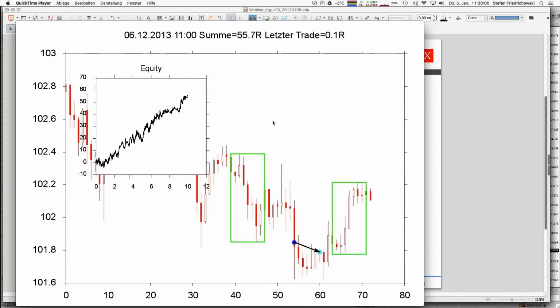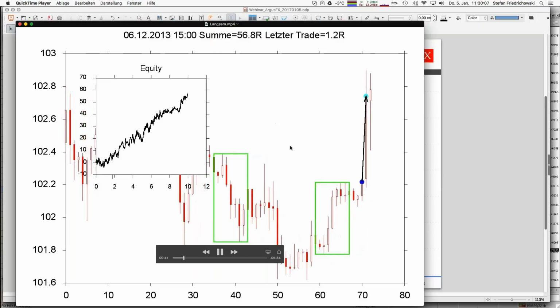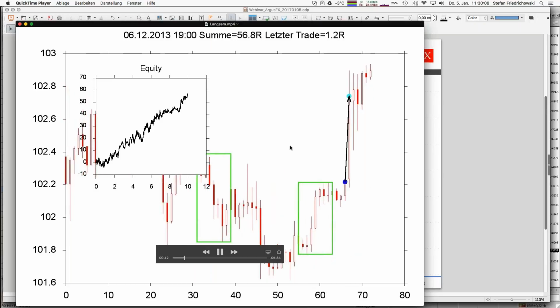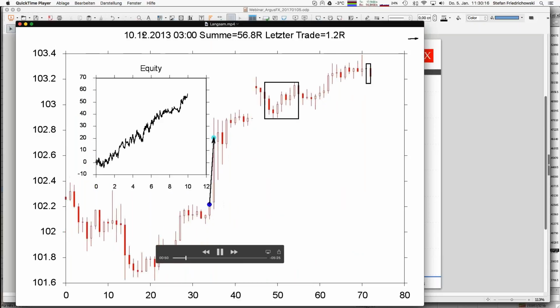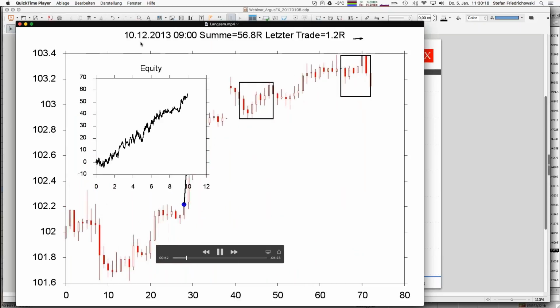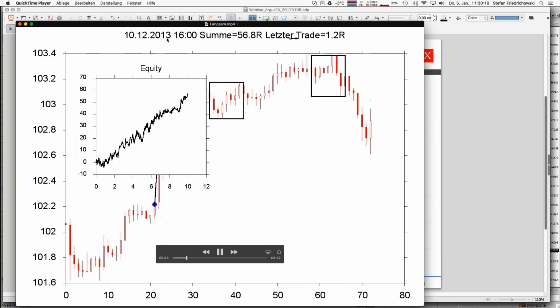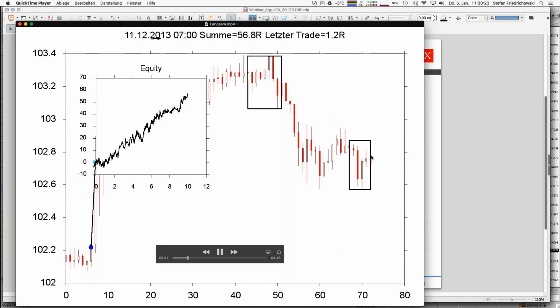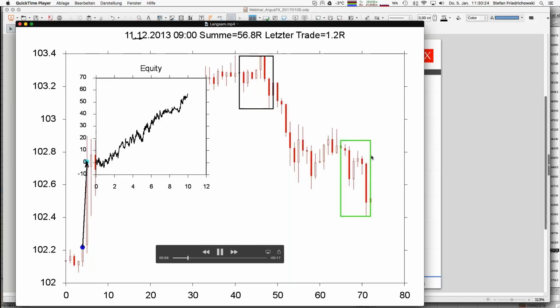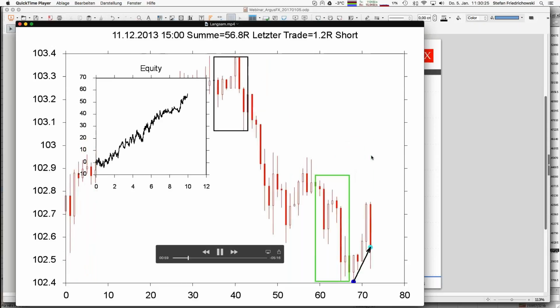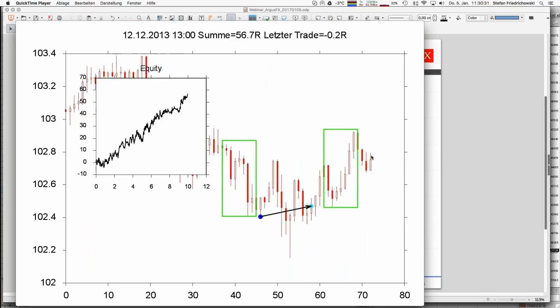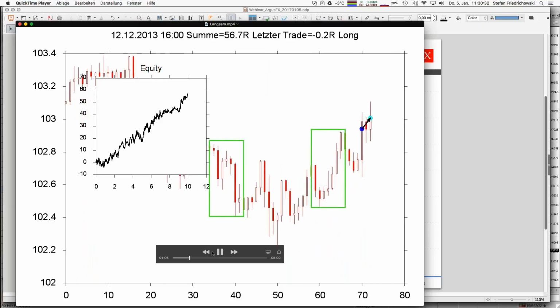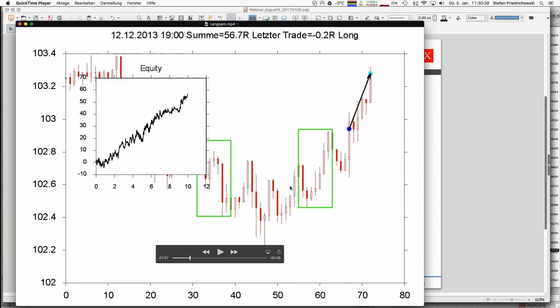What you see here is another underlying, I think it's US dollar, Japanese yen, and we have a specific date here, 10th December 2013, and we see some candles, and that is the price of that day. All the candles are real candles of that underlying. And now I stop the movie because I want to first show you how the movie works.